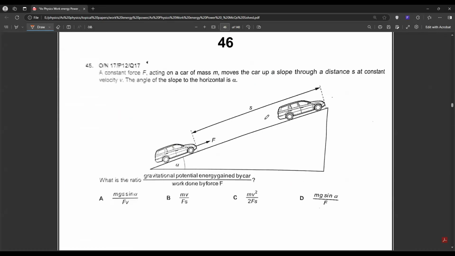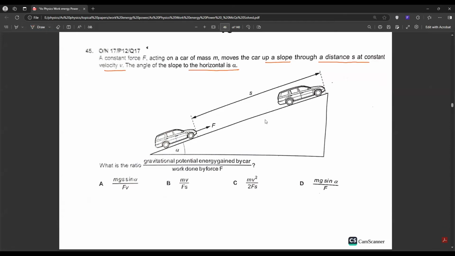Okay, let's see this. A constant force F acting on a car of mass M moves the car up a slope through a distance S at a constant velocity. The angle of slope to the horizontal is alpha. What is the ratio of gravitational potential energy gained by the car divided by the work done by force F? What is the gravitational potential energy gained by the car?